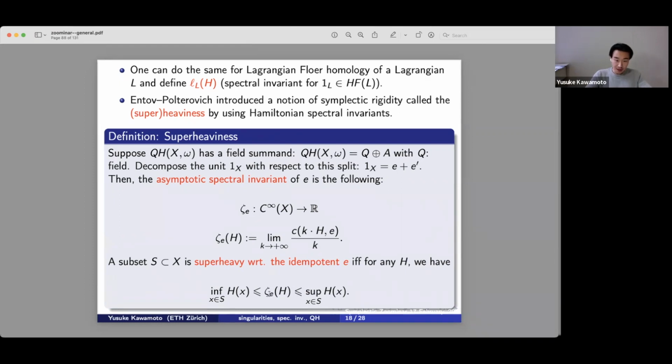You look at the value of the asymptotic spectral invariant of E with respect to the Hamiltonian H. And then superheaviness allows you to control the value of this asymptotic spectral invariant just by the value it takes on the set S. So if you can say that your asymptotic spectral invariant is somewhere between the smallest amount H can take on S and the biggest amount it can take on S, then you can say that this set is superheavy, okay?